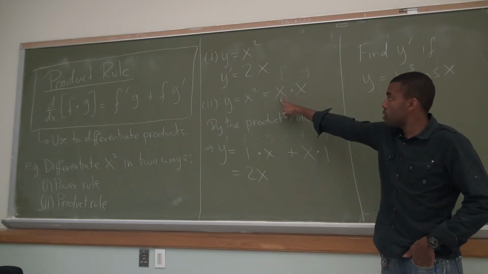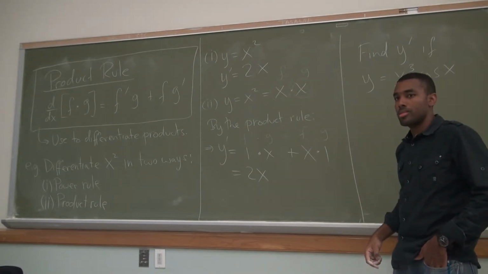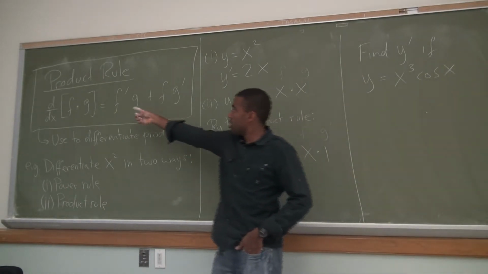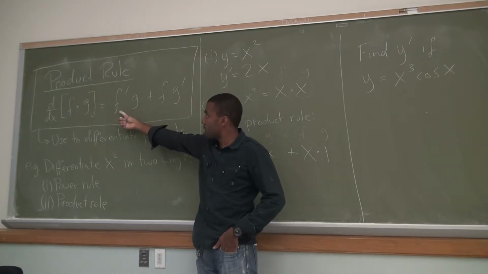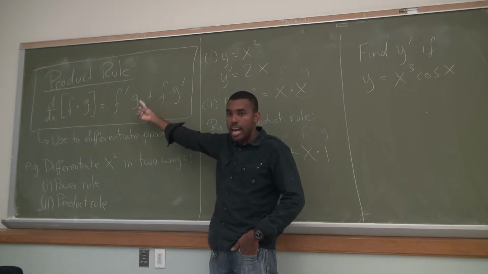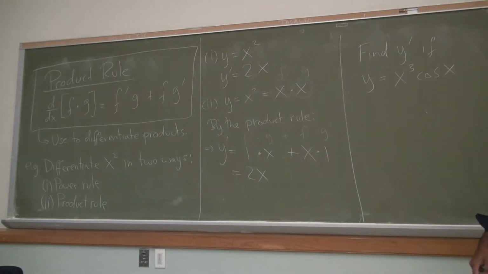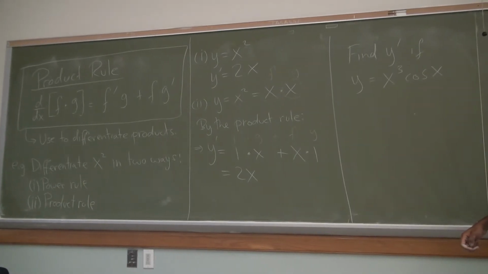No. You take the derivative of this one, you leave this one alone, plus you take the derivative of that one, leave the other one. Right? You take the derivative in turn. So first you differentiate the first function, and then you differentiate the second function separately, and add the answers together. You follow that rule. So let's follow it here. Isn't that negative 3x squared sin x?